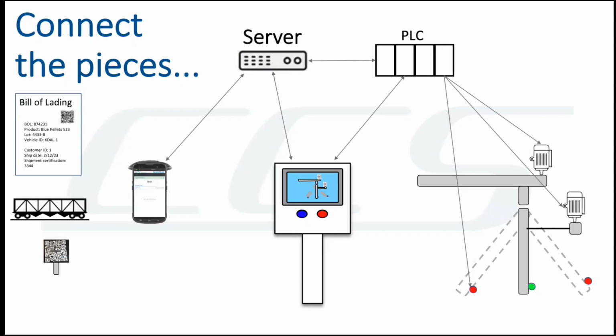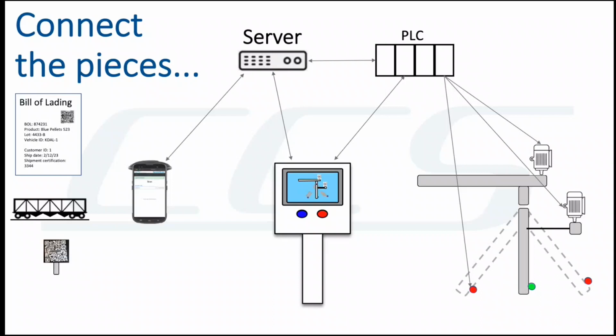We've got a pile of them here, and they have different encodings already. The example we just showed was KDAL1. That's a pretty short example, and I don't think you'd see that out in the wild. Those come from the manufacturer pre-encoded, and that vehicle ID is in the RFID tag on the side of the rail car.